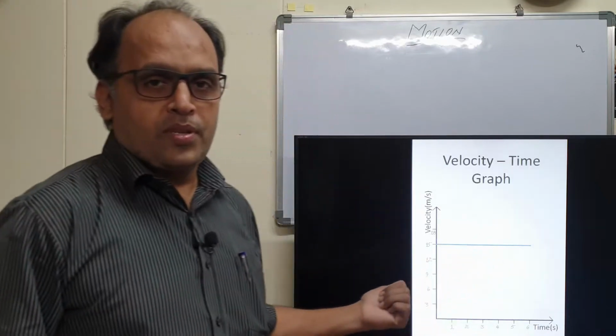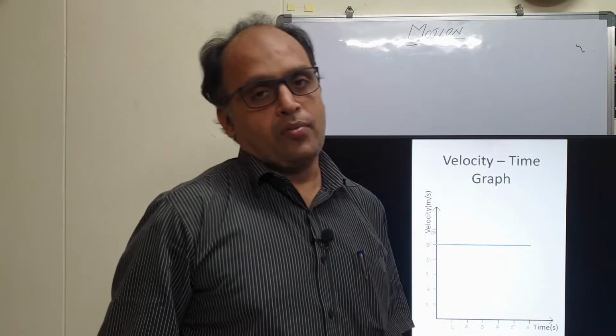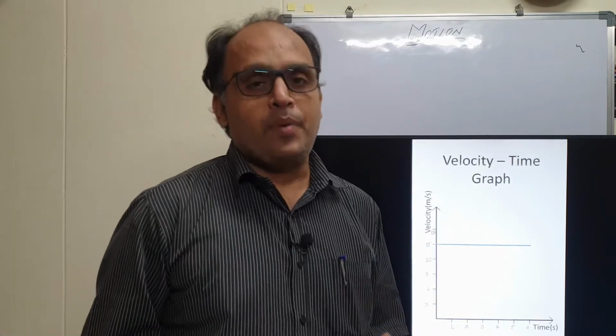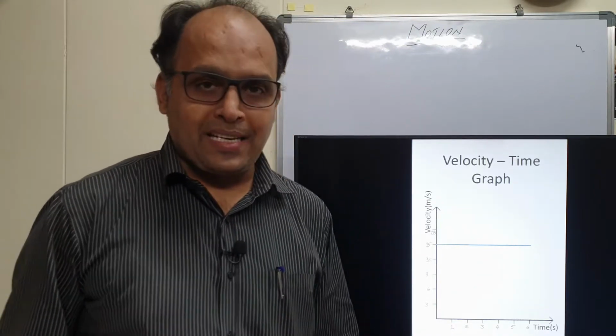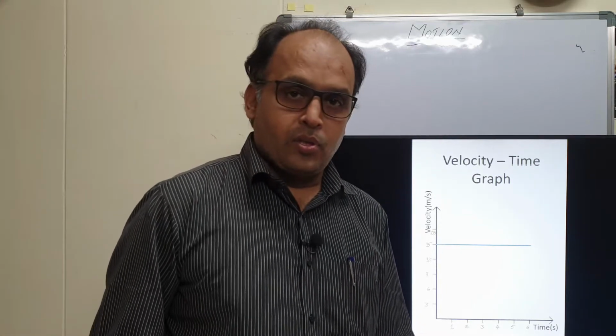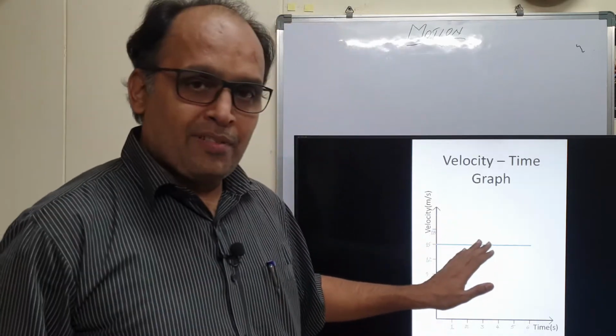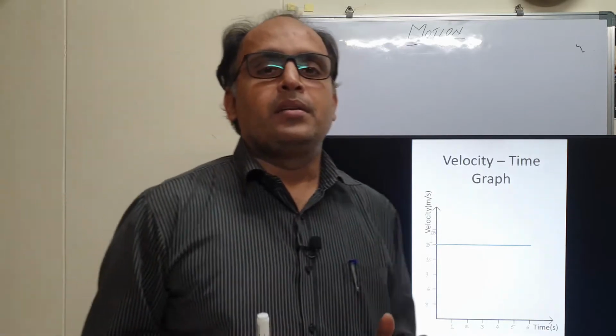So from the slope of this graph, we can get the acceleration of a body, right? Apart from that, we can also get displacement from this graph. By calculating the area under the graph, we can actually get the displacement of the body, right?